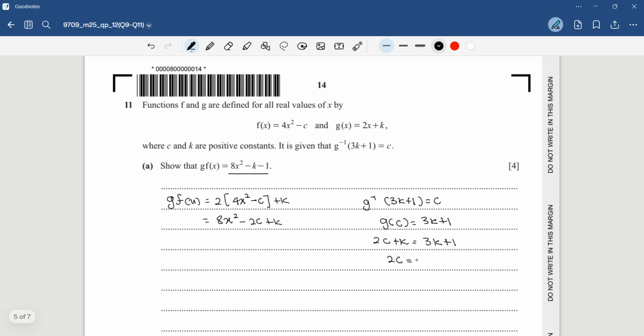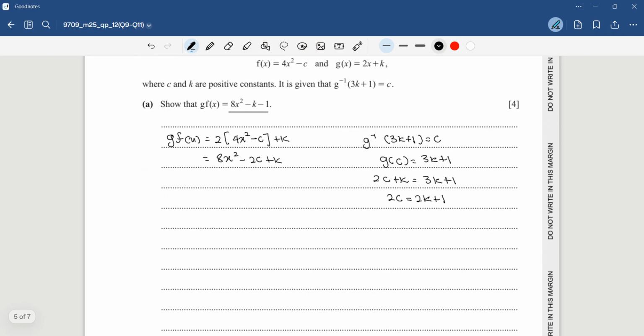So 2c equals 2k plus 1. Since here is 2c, I just substitute in. It's easy for me. So it's going to be 8x squared minus (2k plus 1) plus k. So 8x squared minus 2k minus 1 plus k, so it's going to be 8x squared minus k minus 1. That's it, we show.